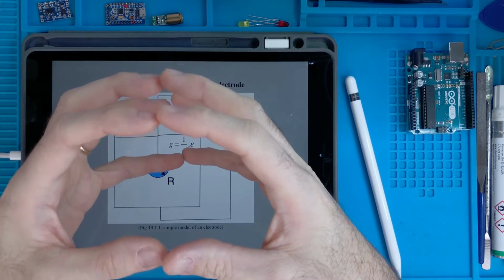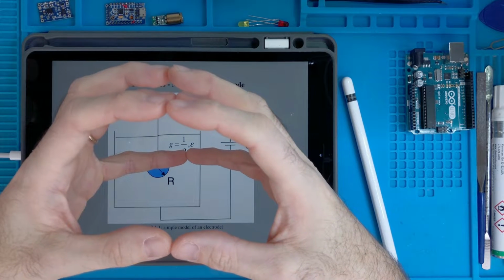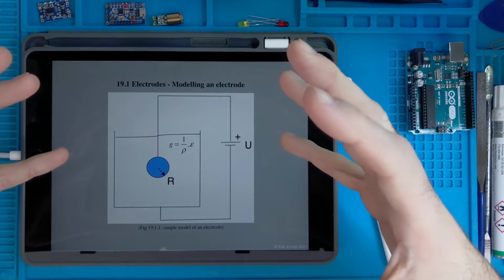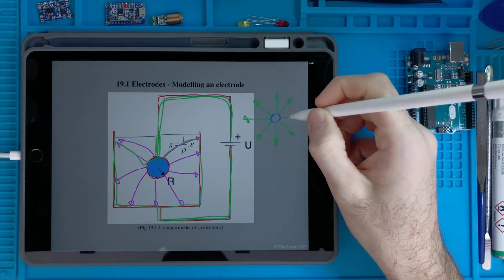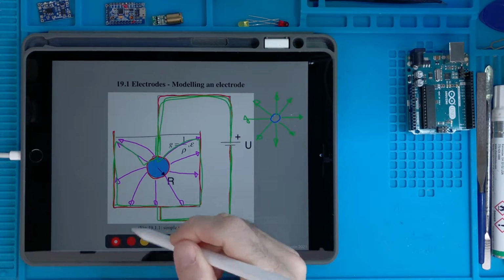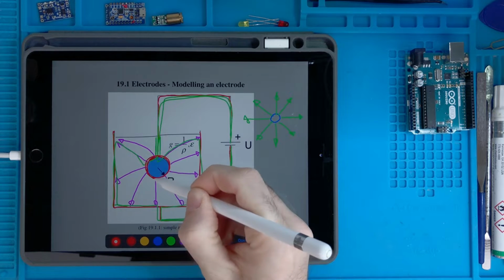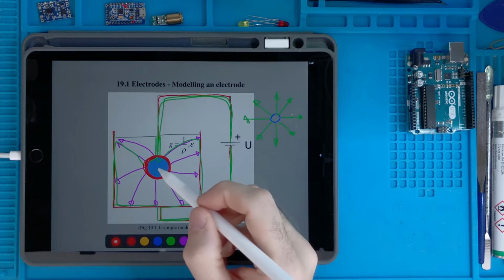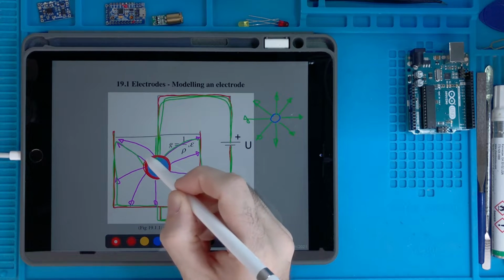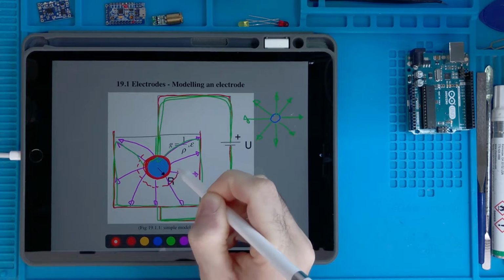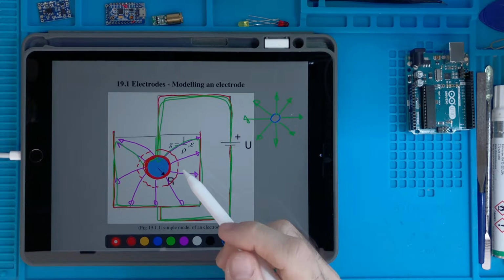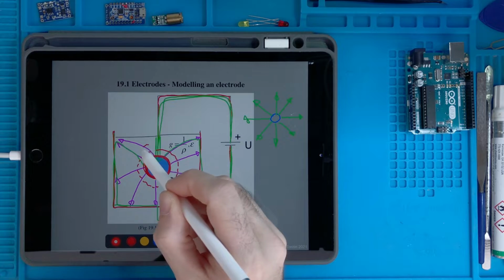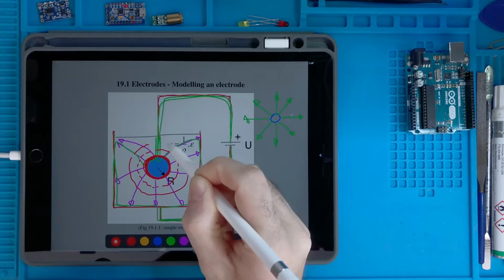So it's a sort of spherical thing, and the current is exiting like this in all directions. So this cross section would be the cross section of a spherical object. So the current is exiting from this cross section and reaching this point. Then it is passing through that spherical cross section and reaching another spherical cross section like this.